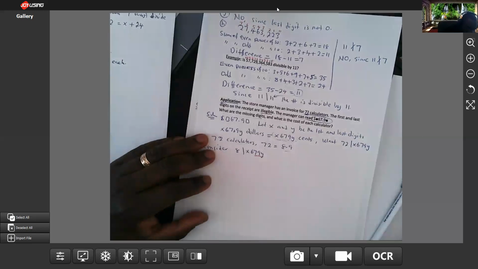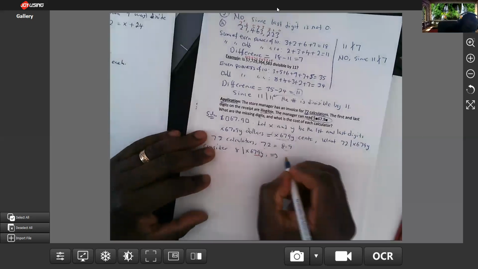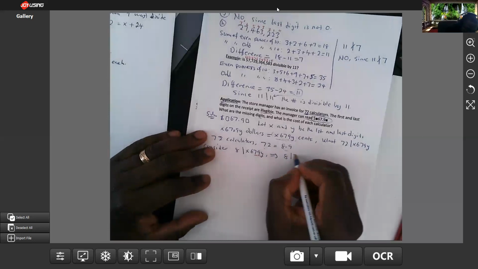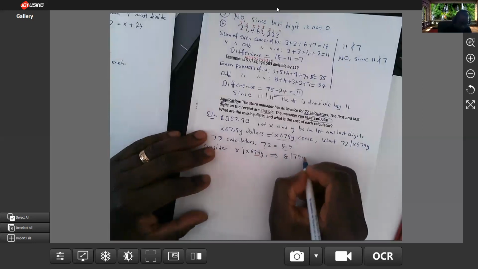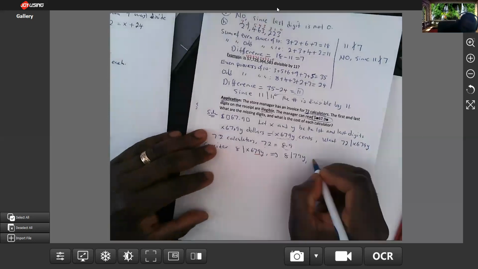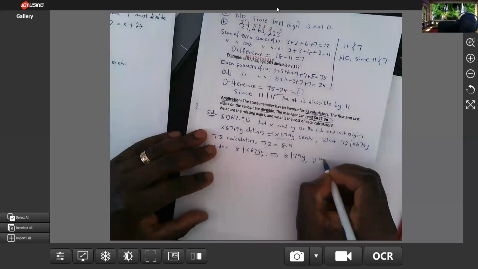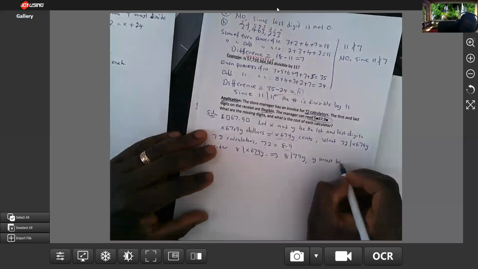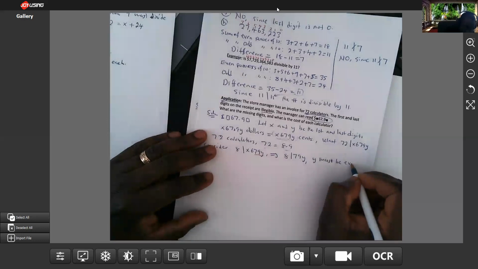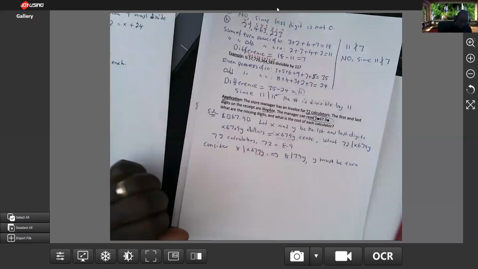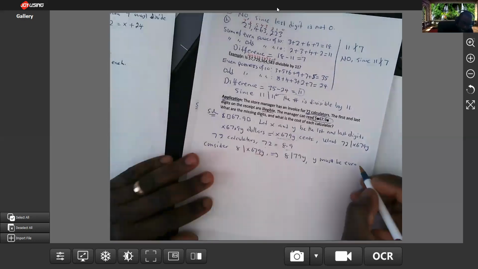That means 8 must divide 79Y. And then you must know that Y must be an even number.